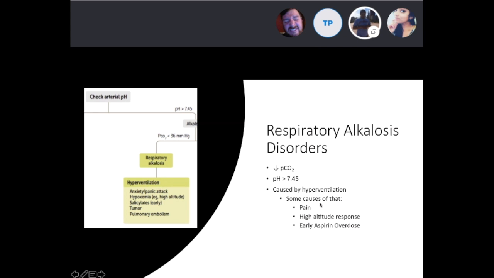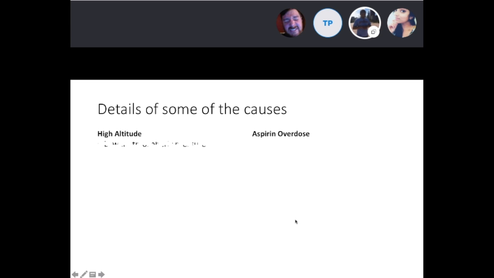Some of these causes could be pain, surgical patients who've just recently had surgery, or people in a high altitude response. Early aspirin overdose can also cause respiratory alkalosis. There are other situations such as tumor or pulmonary embolism, and if you have a panic attack, you can also see this.